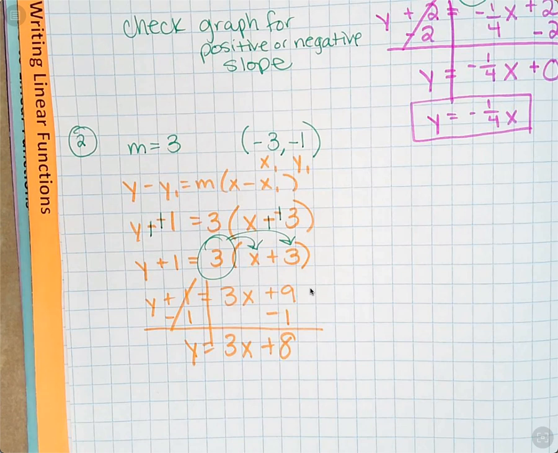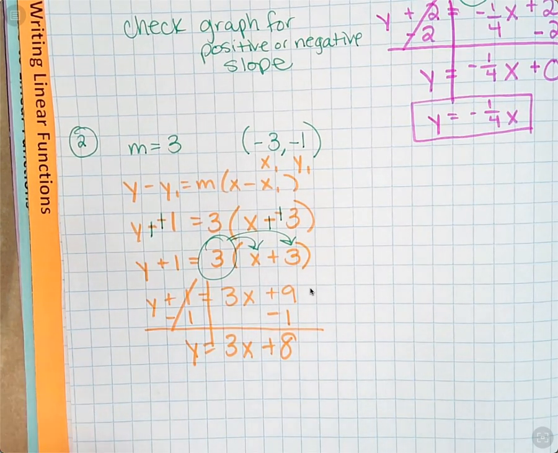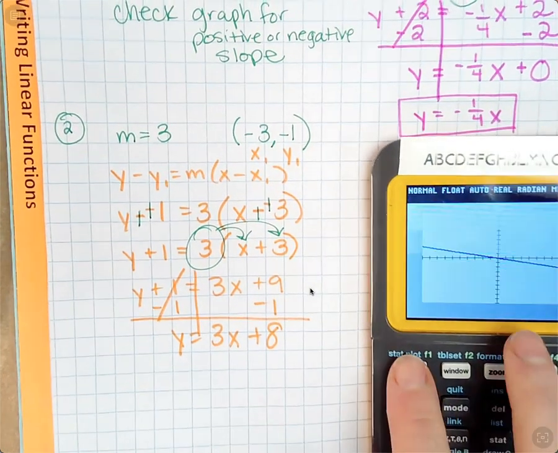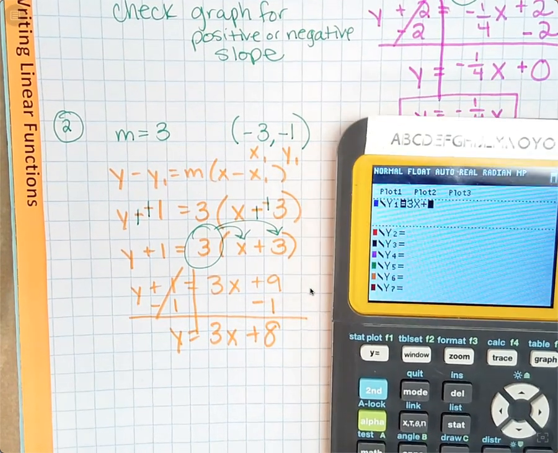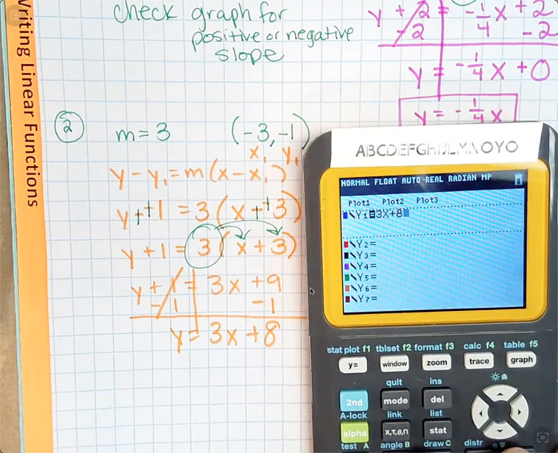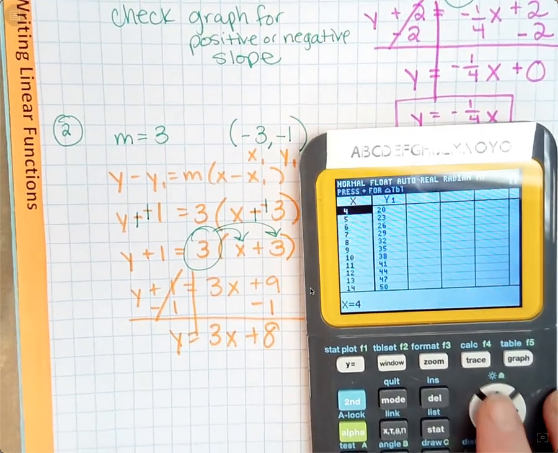Okay, does that work? Just check and make sure I did it right. All right, so then what we would need to do is go to y equals, put that in, check the table, check the graph. 3x plus 8, we're looking at the table for negative 3, negative 1.